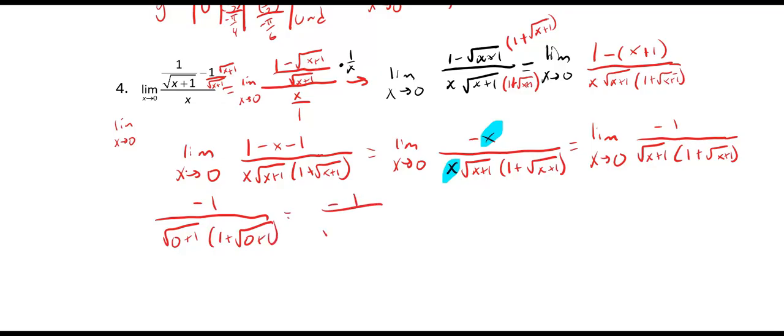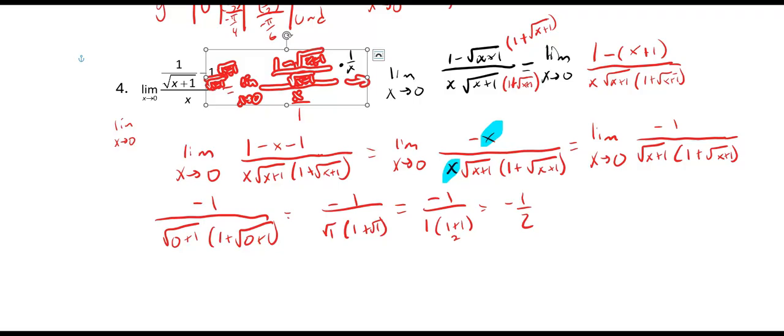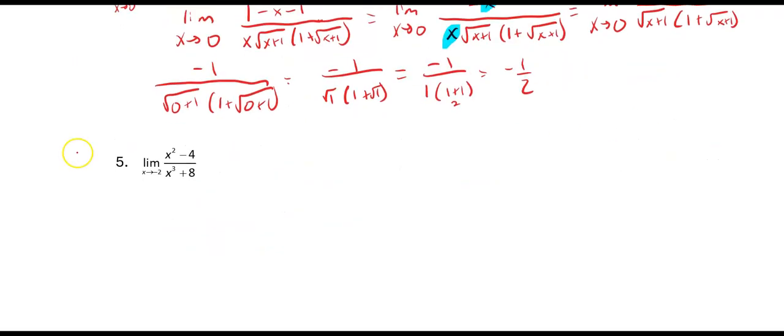Negative 1 over square root of 1, 1 plus 1, or square root of 1. Negative 1 over 1 times 1 plus 1, negative 1 half. 1 plus 1 is 2 times 1. Whew, that got lengthy. All right, let's see here.